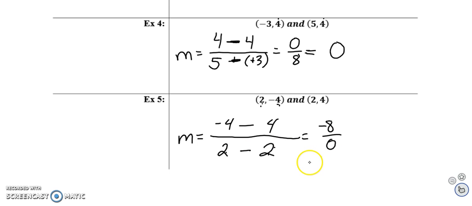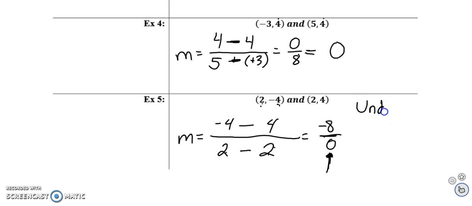Wait, now be careful with this one. Notice, in a fraction, and this is where if we think about it as a fraction, we sometimes go, huh? What do we do? But think about what the fraction bar means. Divide. Can you divide by 0? So what do we call this one? There's no such number.